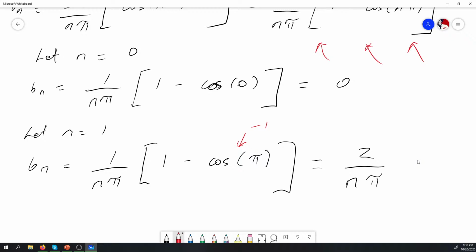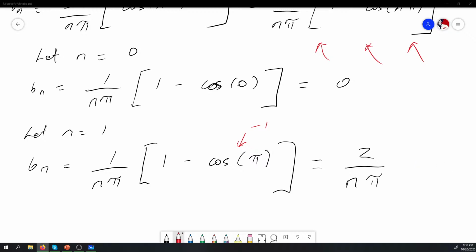Cosine of n pi in particular will end up being such that it's -1 to the power of n plus 1. I believe so, because let's see, we're going to be dealing with odd values here. So if we go cosine of pi, let me get a calculator just to show. Let's say cosine of pi will be -1, then cosine of 3 pi.